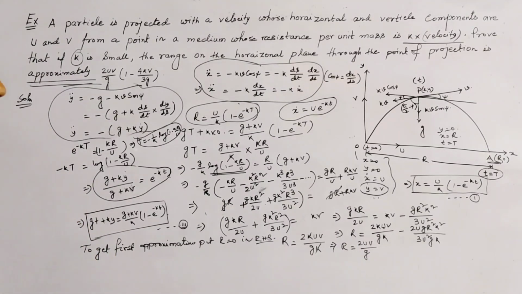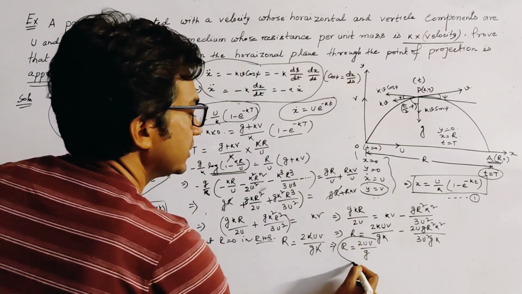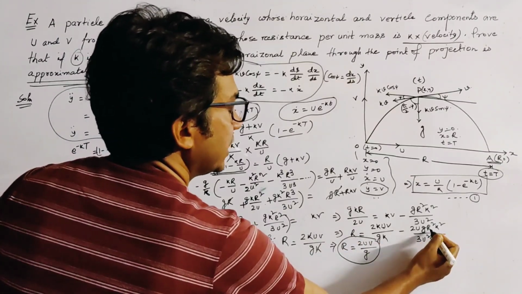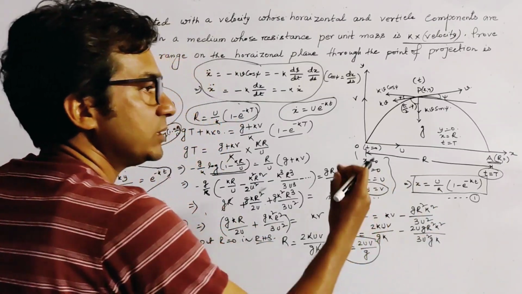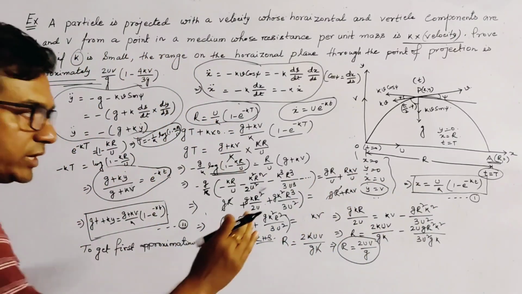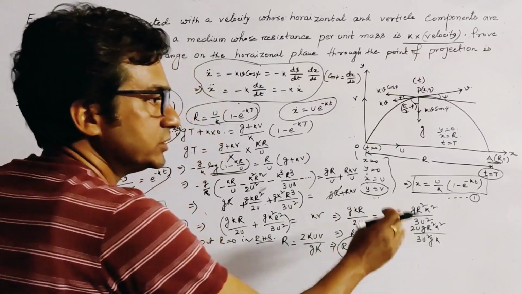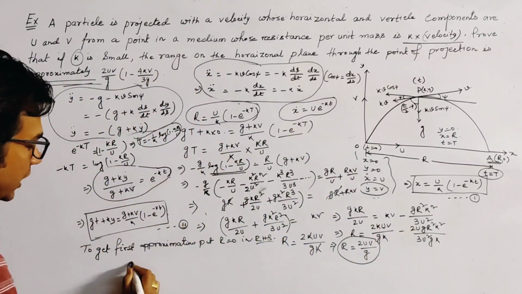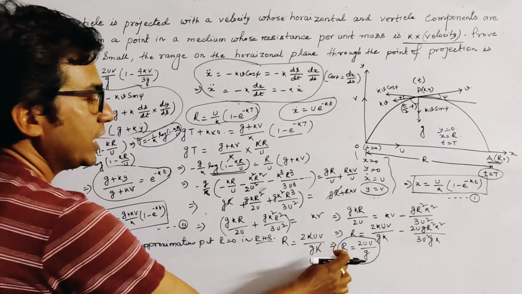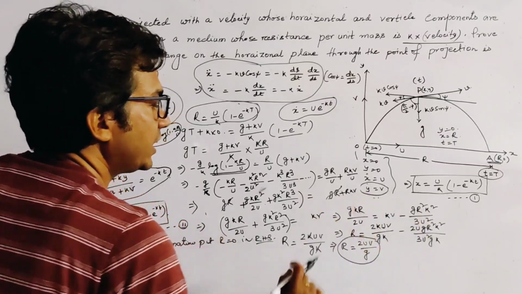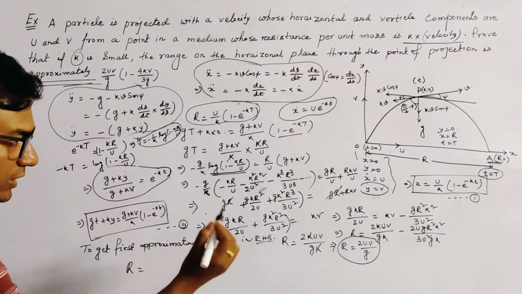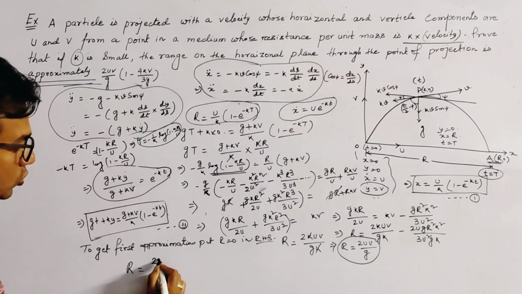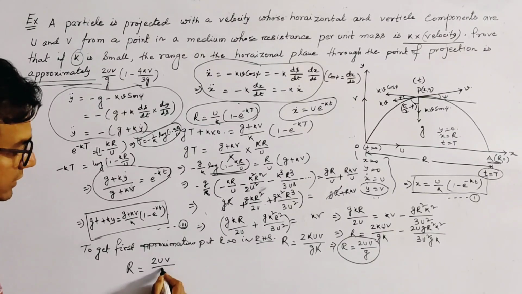Now we put the value of this r in the second term, that is r on the right side. We get the final approximation and the final value of the horizontal range. We put r as 2uv by g here, and the first term is the same as above, 2uv by g.